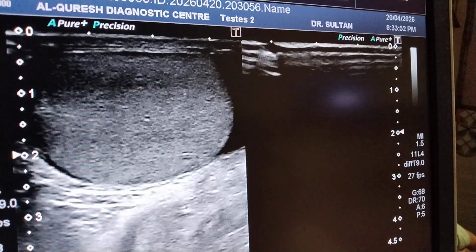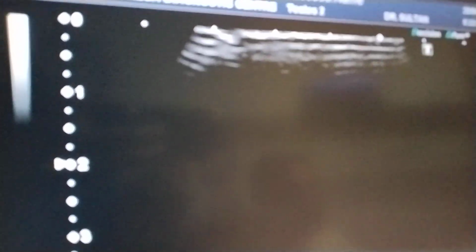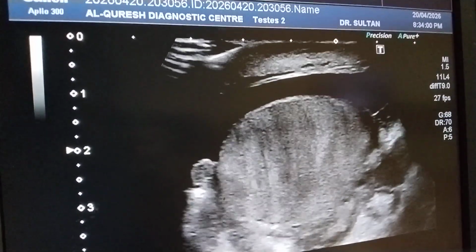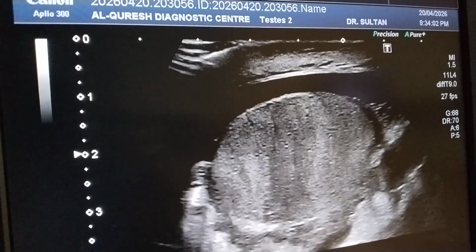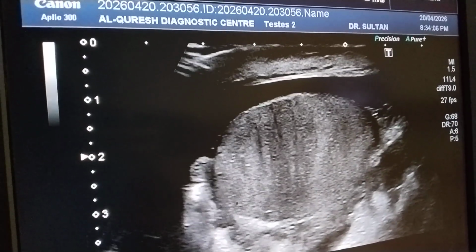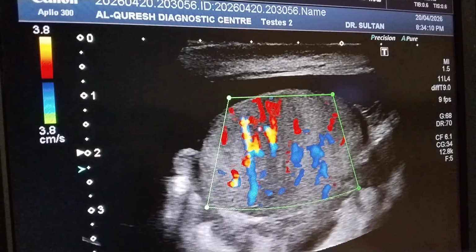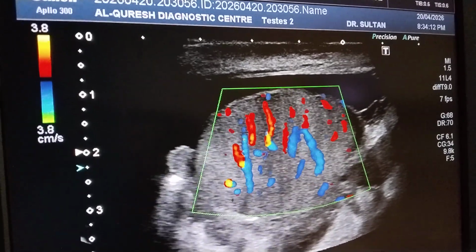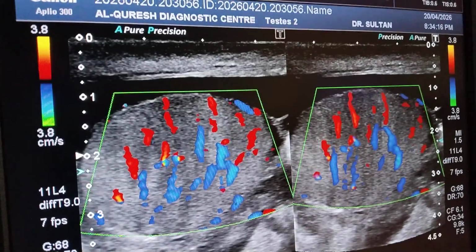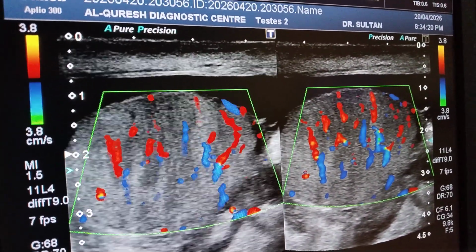So now I am focusing on the left testes as the pathology is in the left testes. When we observe the pathology or the abnormality in the left testes, we should then put the color. So look at the blood flow within the left testes.